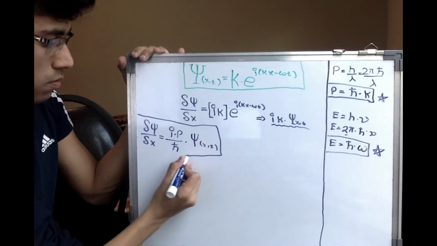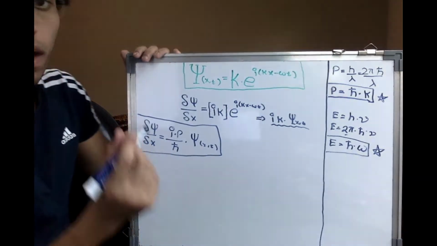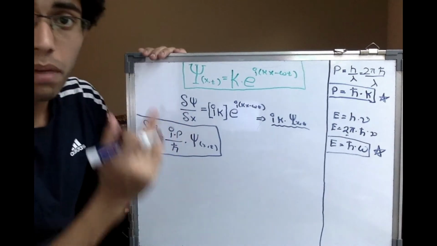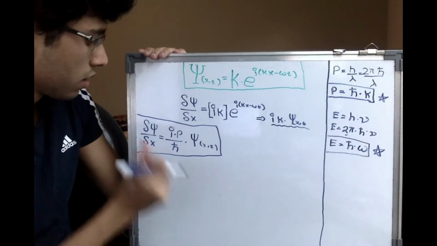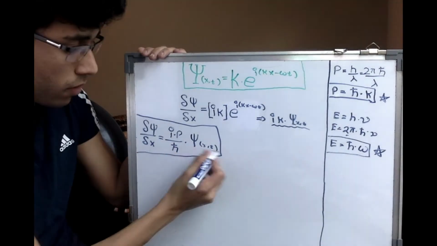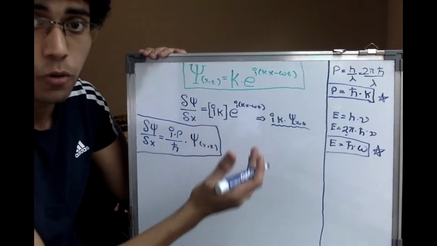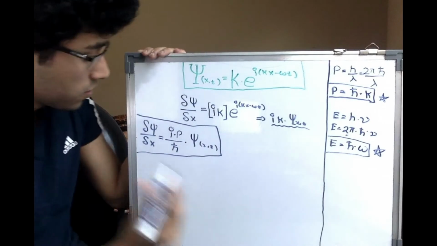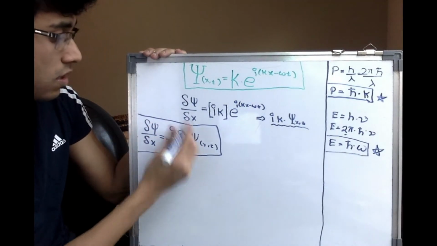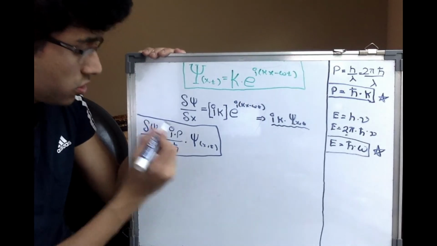Let's also box this because it's important. But I want the momentum. Remember, I just operated on psi by taking its partial with respect to x. That hasn't given me momentum just yet. But it has given me the wave function psi again because of the exponential term. Think about it. So I got the wave function psi, but the eigenvalue of dou psi over dou x is ip over h bar. What I want is just p.